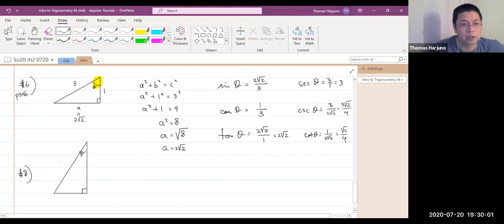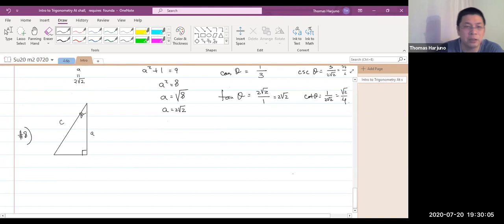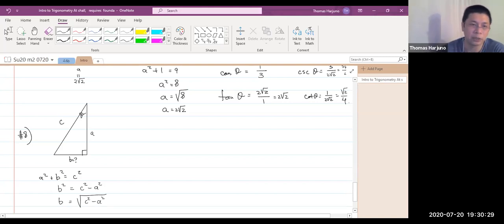They only give us this is C and this is A. So what will our B be? A squared plus B squared equals C squared. So B squared equals C squared minus A squared. B will be plus or minus the square root, but because that's a length, we just get the positive one.